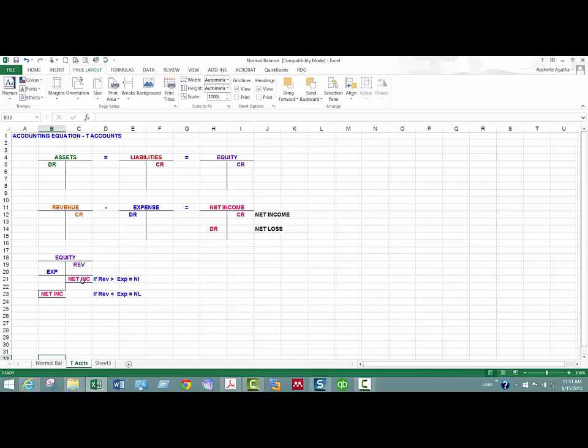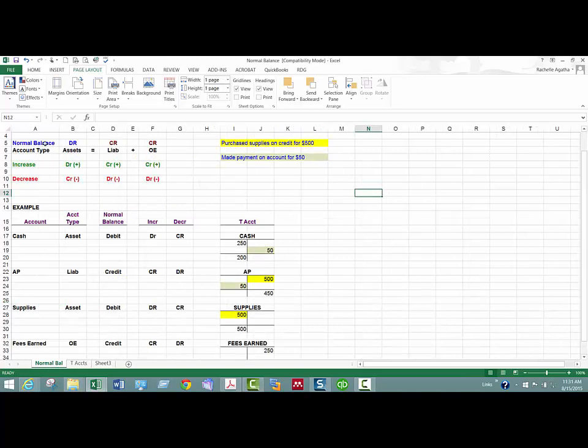So once again, this shows you what I mentioned earlier, that if you have net income, that increases equity. And if you have net loss, it will decrease equity.